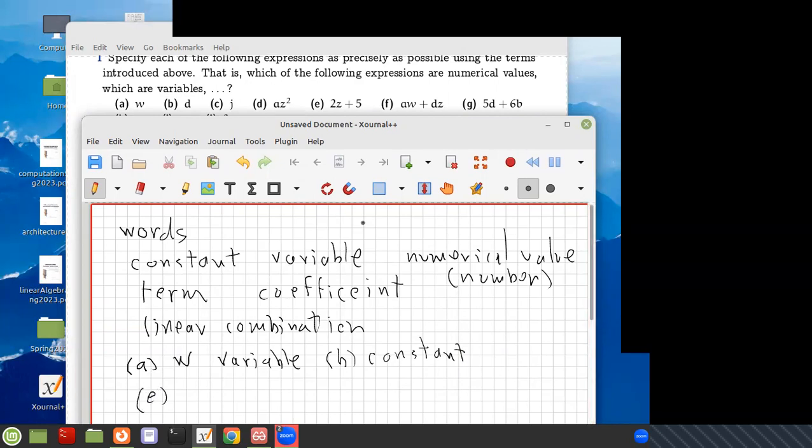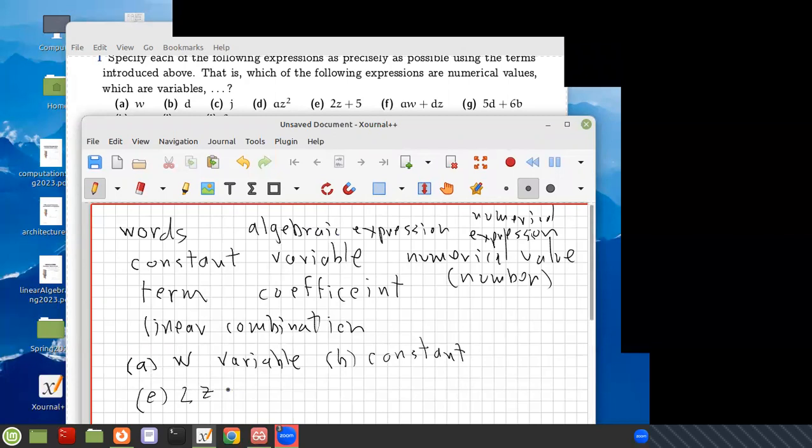There's also some other words like algebraic expression and numerical expression. So what's E? Okay, we have one person.